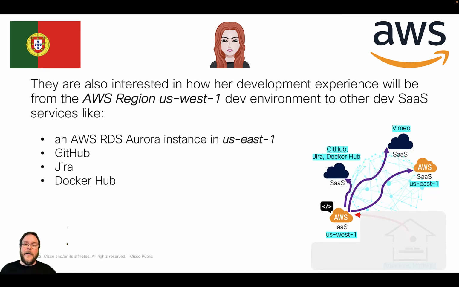They want to know how her development experience will be and how it goes to the other development SaaS resources like an AWS RDS database Aurora instance in US East 1, and how her development experience goes to GitHub, Jira, and Docker Hub.